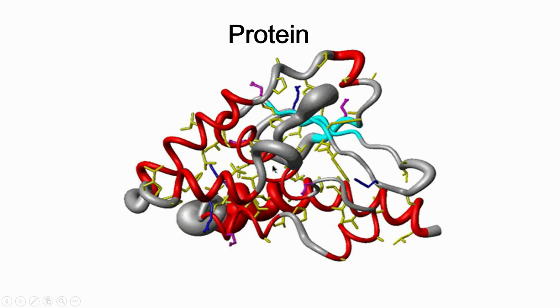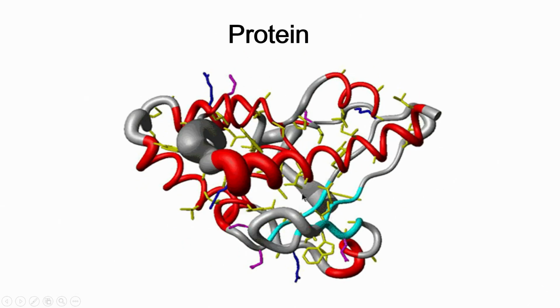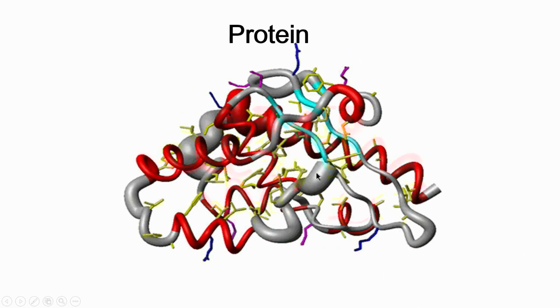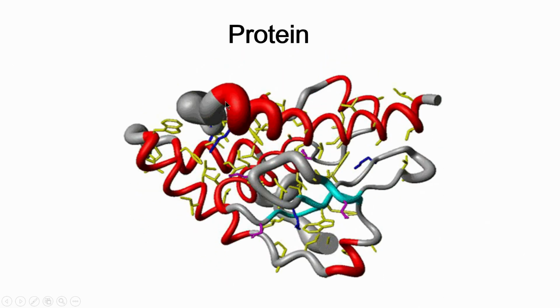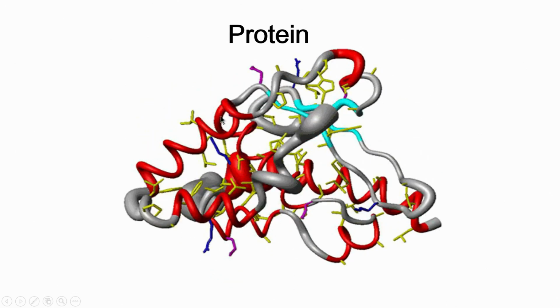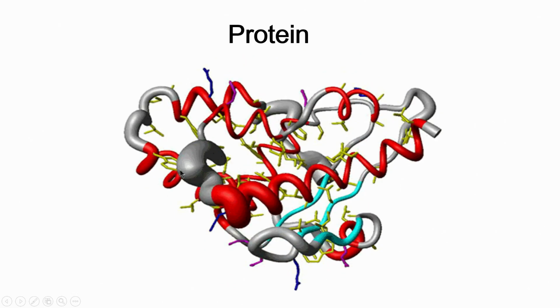That kind of dynamics is not captured in this picture, but what is being captured is that the loops are having the higher dynamics. So, the thickness here indicates that the loops are having more dynamics, means this loop, for example, here can span a wider range of conformation, and therefore, it is thicker compared to these helices here, which do not span a large range of conformation, they are rigid.